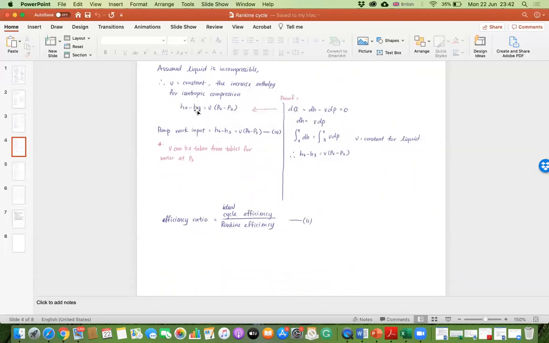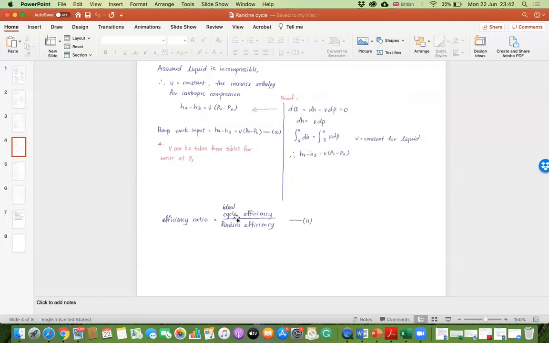Delta H equals specific volume times the change of pressure, from dU equals dH minus VdP, where the terms equal 0. When you simplify it, you can get this equation. So the pump work input is H4 minus H3, as in equation 4. Then we can use specific volume and pressure to represent the enthalpy, so we have equation number 10.